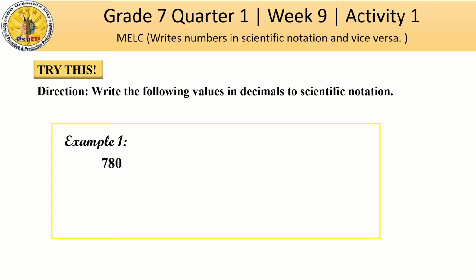Example number 1 is 780. So here are the steps in converting decimals to scientific notation. Write first the number and then look at the original point. So that's the original point. And make it lesser than 10. So 1, 2 places or two movements of the decimal point.